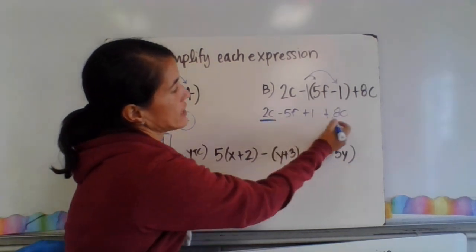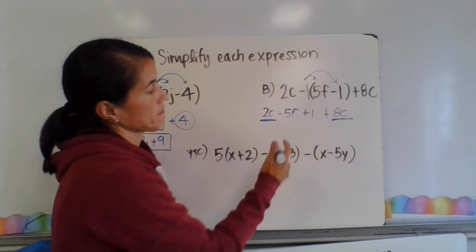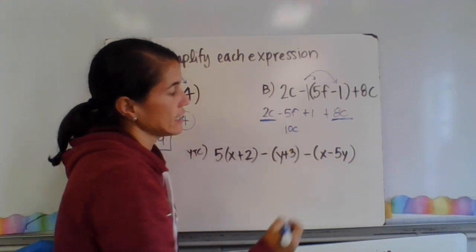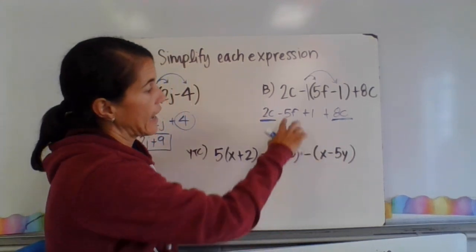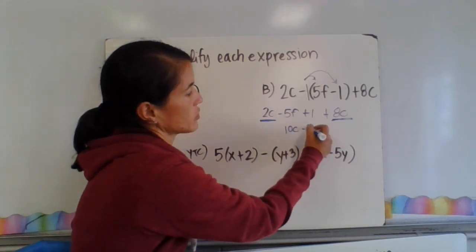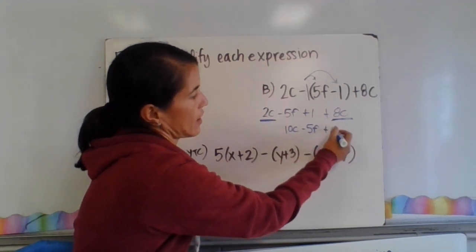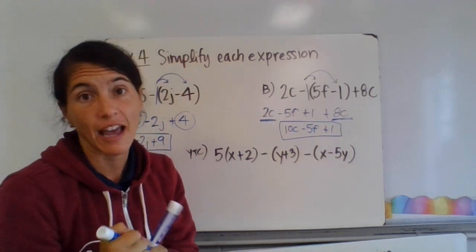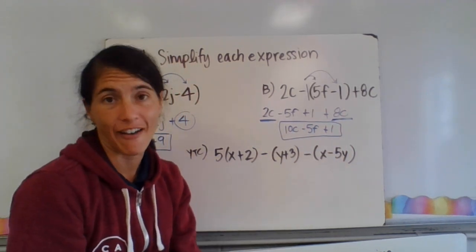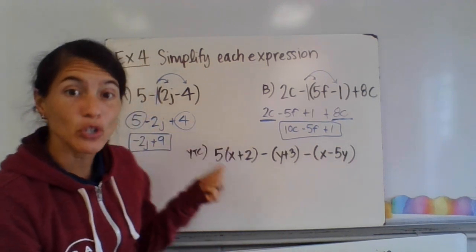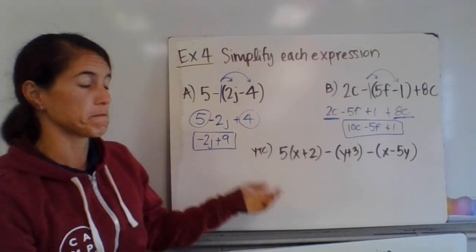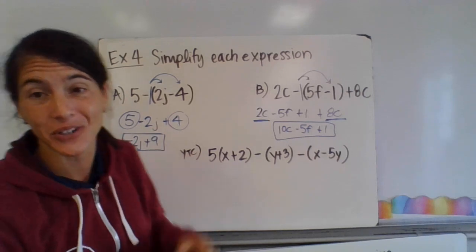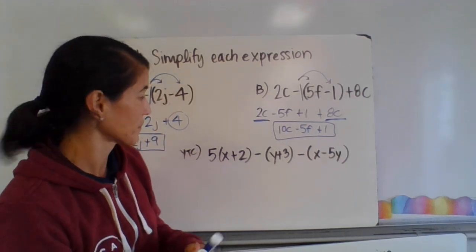I have 2c and 8c. So that's 10c. I only have this one f, so I'm just going to bring that down, and then I only have that constant. And again, my variables are in alphabetical order. C comes before F. All right, you try the next example, and then press play when you're ready to see the answer.